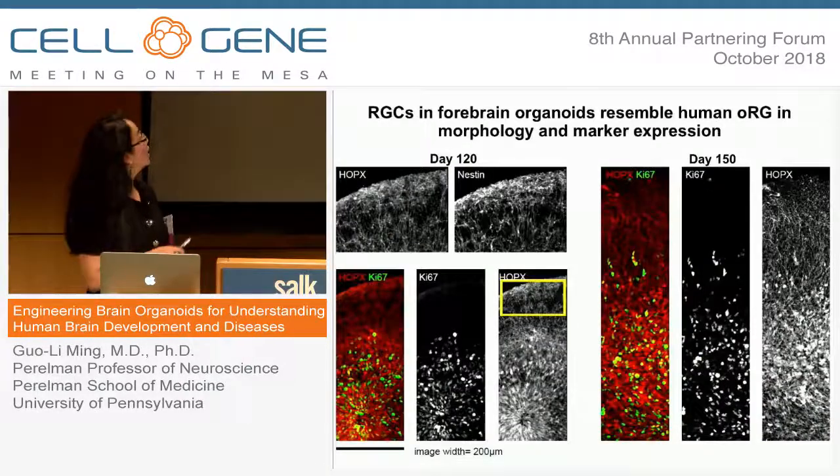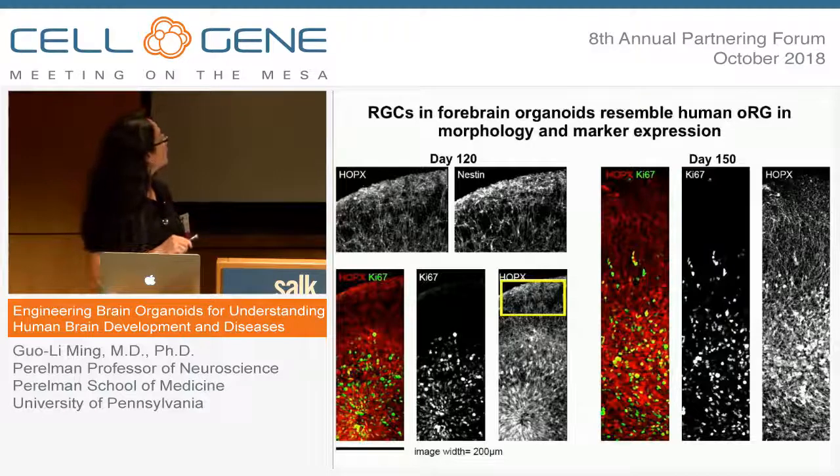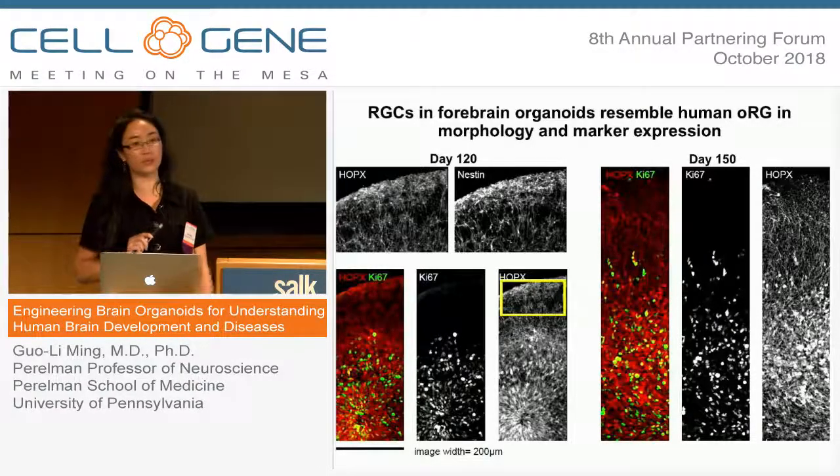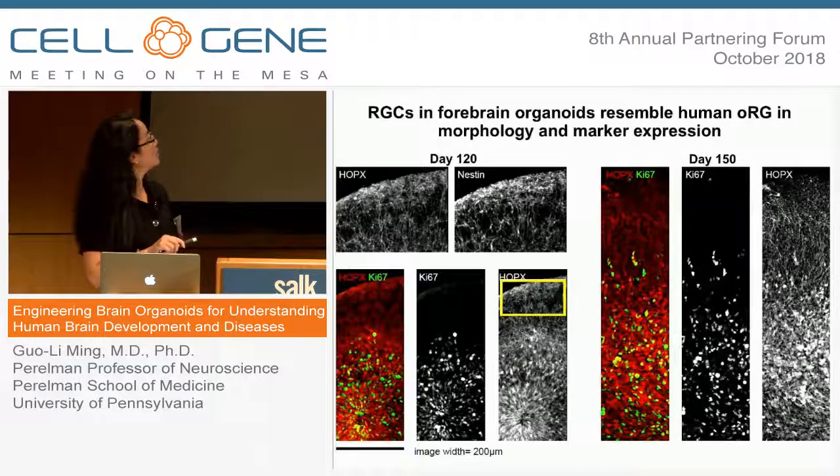And in these late development cortical organoids, we can see the human-specific neural stem cells localized in the OSVZ are still highly proliferative, which is indicated by the proliferation marker Ki67. This is day 120. You can see many active proliferative cells, and at day 150 you see similar things.